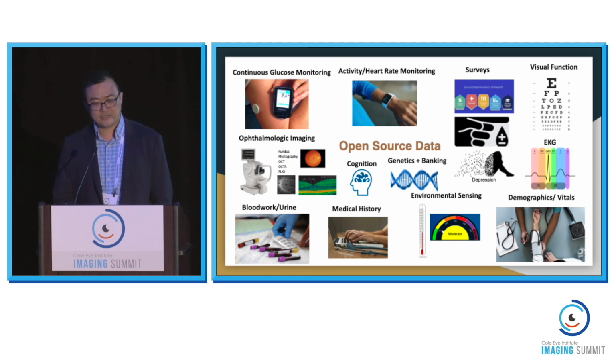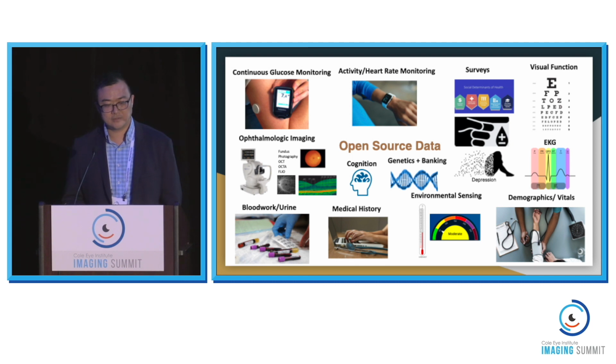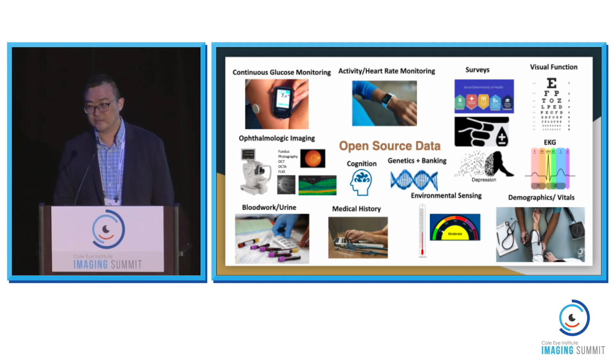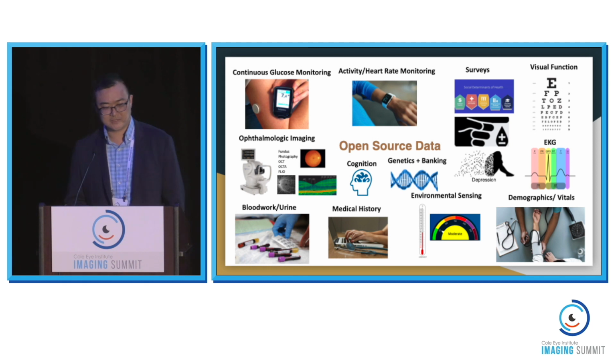So what are we actually collecting? There's, of course, medical history, demographics and vitals, blood work, urine, lots of different surveys, including social determinants of health, cognitive function testing, 12-lead EKG, visual function testing. We're going to do a whole host of ophthalmic imaging because we're retina specialists at heart.